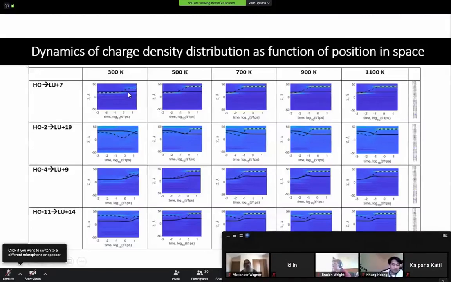I forgot to make that clear. So as I was saying, for my 300 Kelvin, there's very little charge transfer. However, as the temperature increases, the magnitude of that charge transfer increases. So I very quickly wanted to point out that qualitative observation.